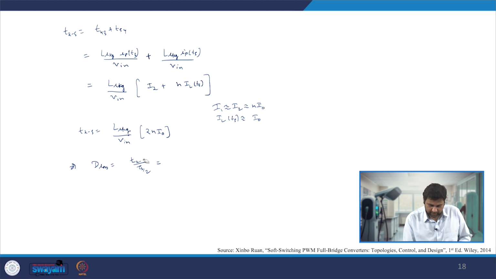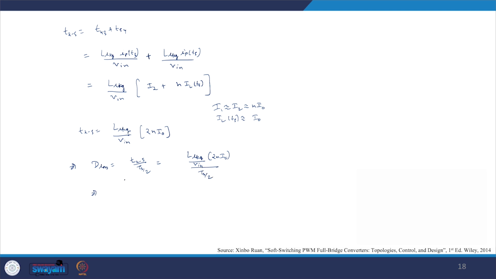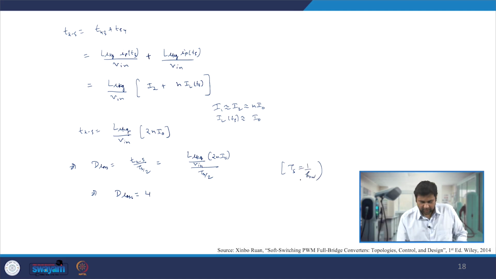So D loss is nothing but L leakage by V in into 2 I0 by Ts by 2, which is 4 L leakage N I0 times FSW divided by V in, since Ts is 1 by FSW.